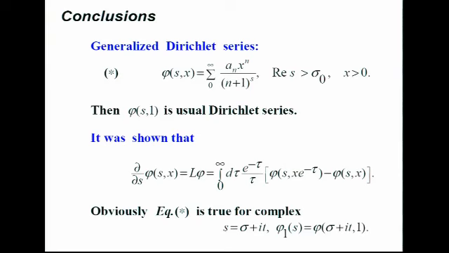But what sort of problems do we have if we want to apply this idea to typical problems for Dirichlet series? Let's consider a generalized Dirichlet series with x to n. Then if we put x equals 1, we have a usual Dirichlet series.